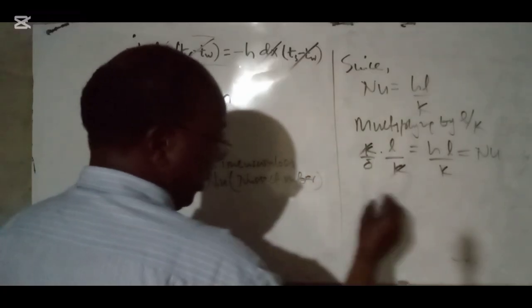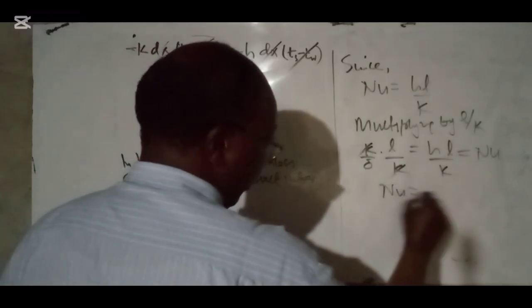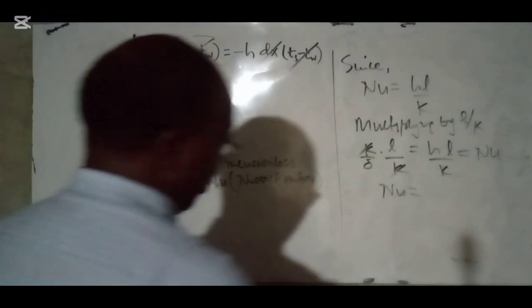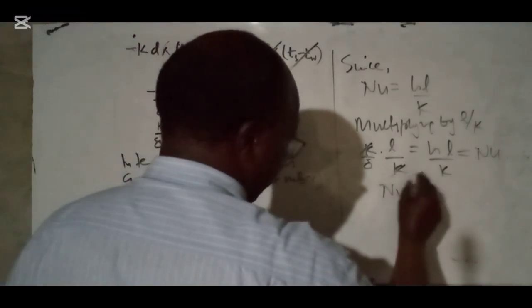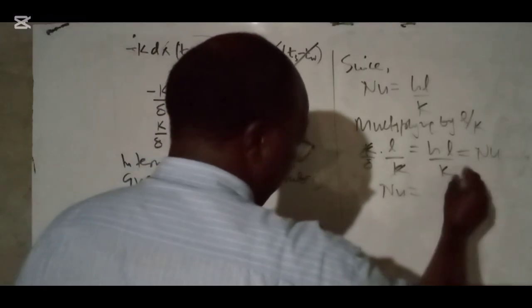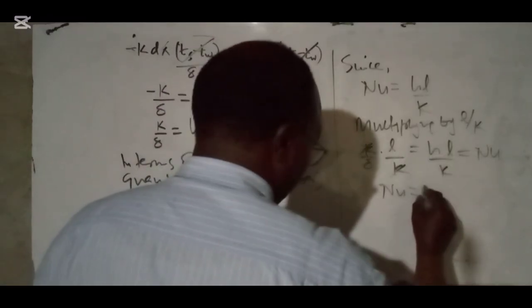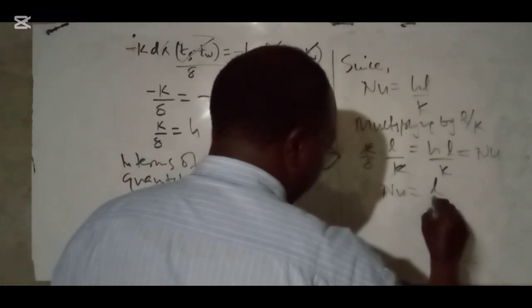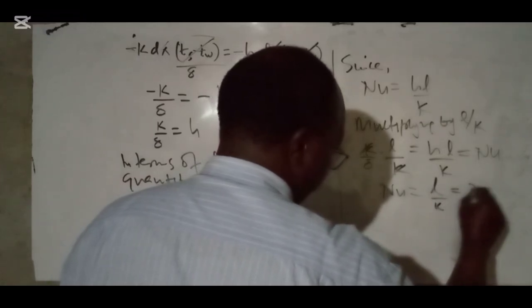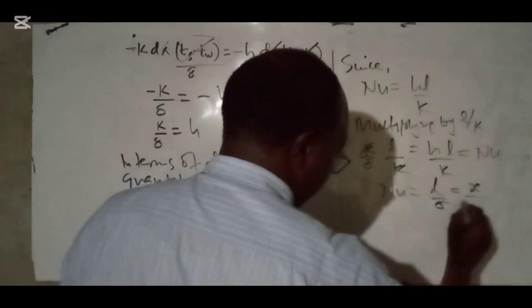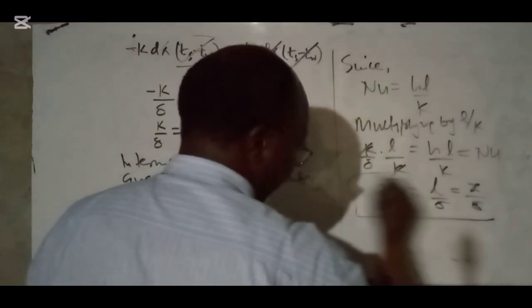So the k's cancel out, and the Nusselt number here will be given by L over sigma, which in our case now is x over sigma.